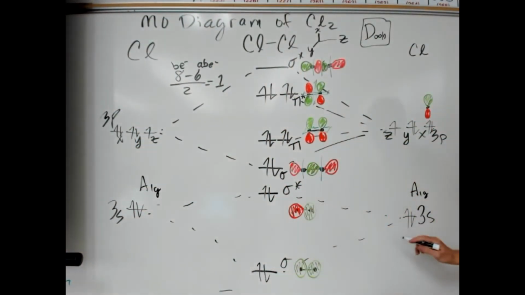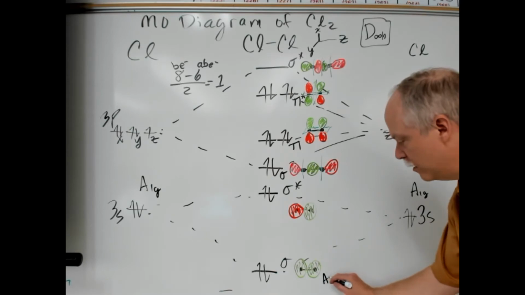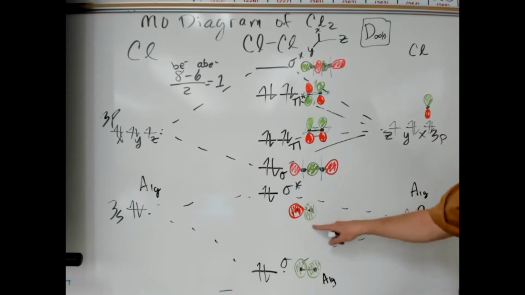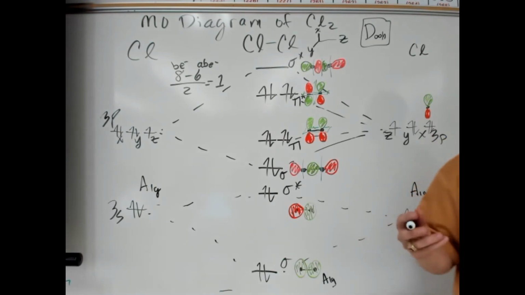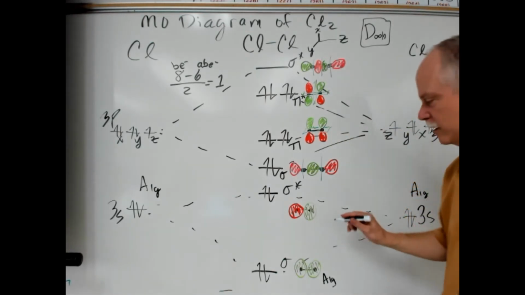And those are going to mix together. And so they're going to mix together here. They're going to produce A1G here. This one, though, is going to be the z-axis. And so we look in the character table, and we see that it's also A1G. That Z is up on the top row of the character table.